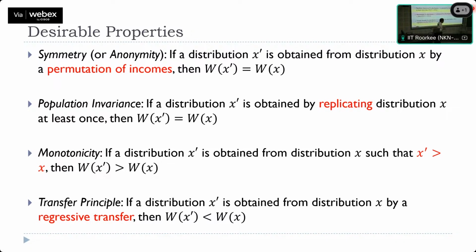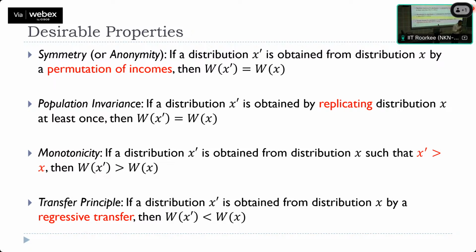Transfer principle says if one distribution is obtained from another distribution by regressive transfer, so you have the total size of these two distributions the same, but you take money from the poor and give to the rich, it should affect your achievement standard negatively.